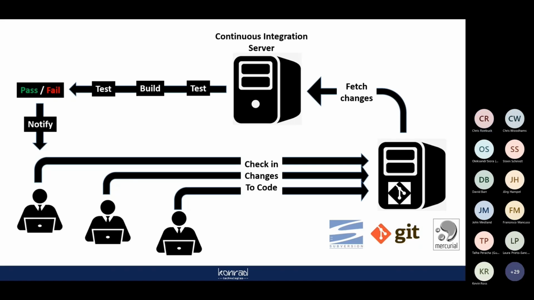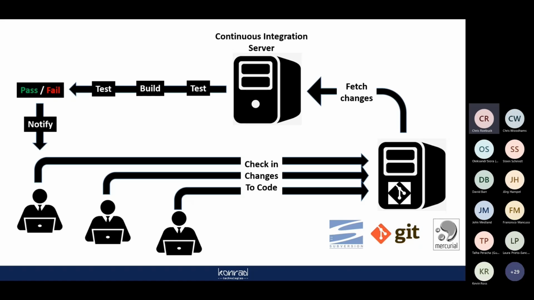And then within our system, we've got what is termed a continuous integration server, something that is able to fetch those changes that have been made to the source code and is able to test and then build whatever artifact, and then maybe even test again. If we've got an executable, we might actually want to do some automated UI testing, for example.